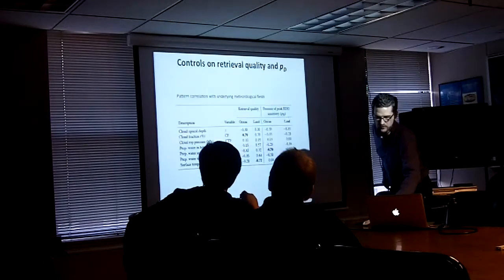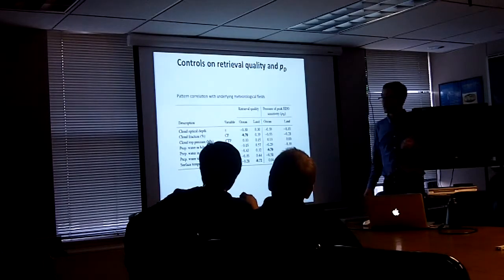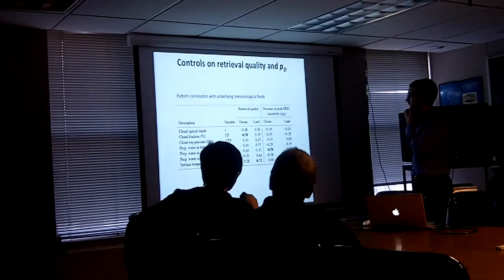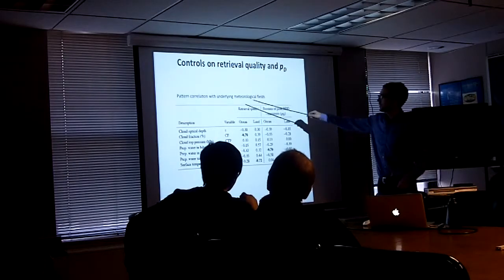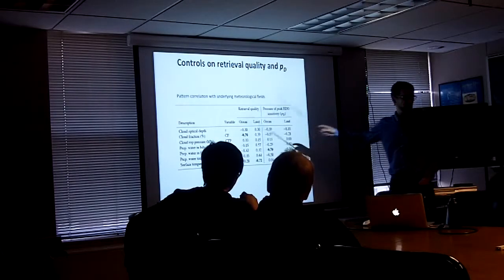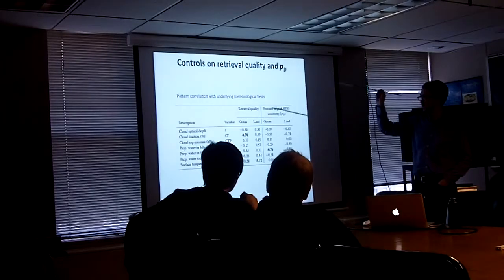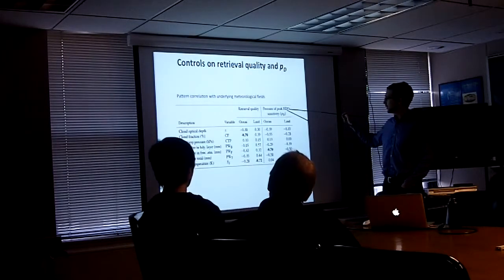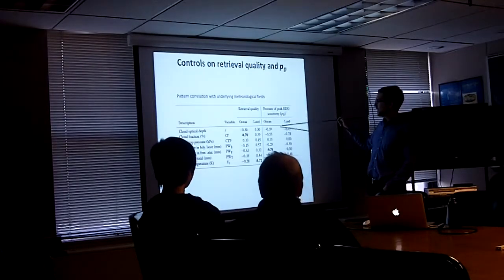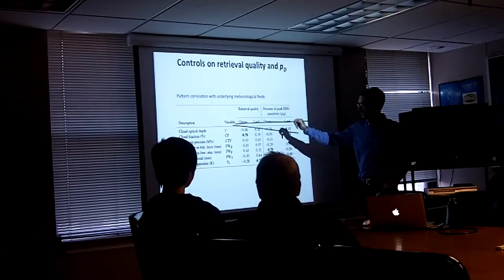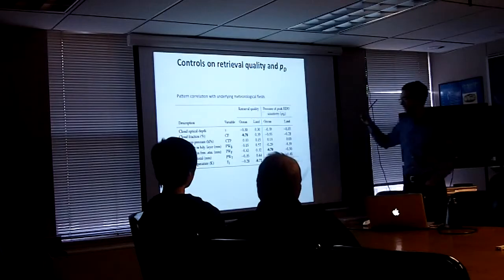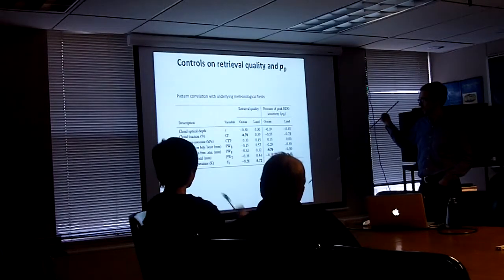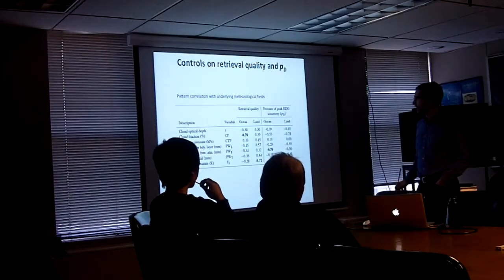So the first is to understand the observational controls on those two things. And so these are the pattern correlations between those two fields, the retrieval quality and the pressure of the peak HDO sensitivity, with a series of different underlying met fields that could potentially be important.